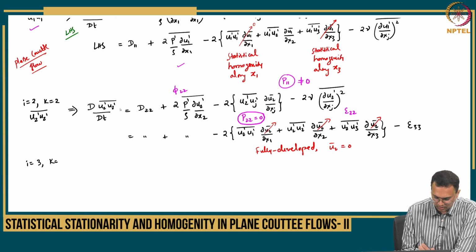I equal to 3, k equal to 3, which is the u3 prime equation.